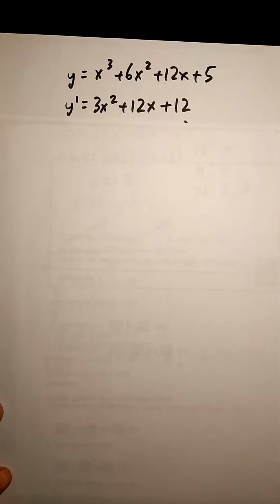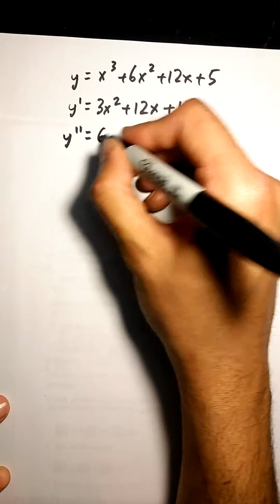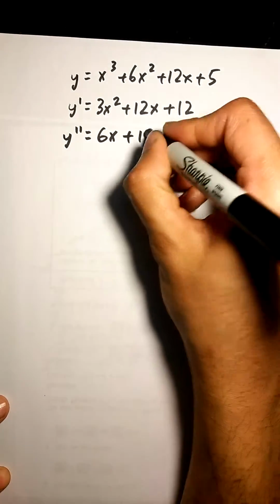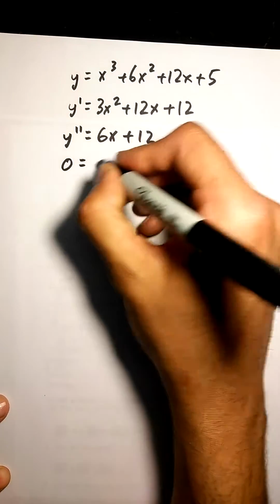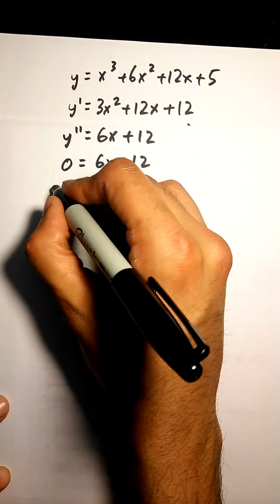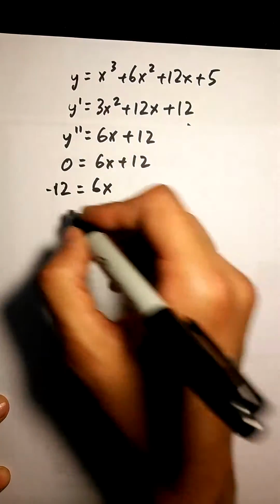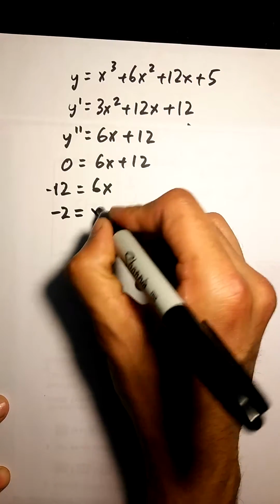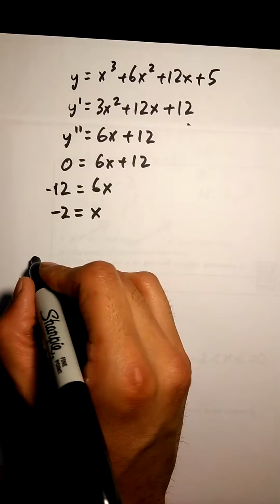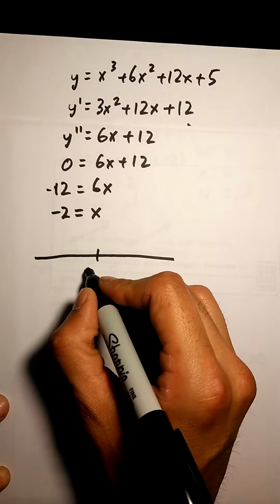Next I'm going to do my second prime or second derivative to find my points of inflection. Make that equal to 0. I get the same stationary point as inflection point, which I expected.